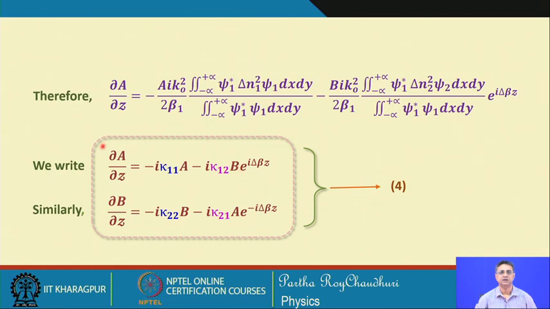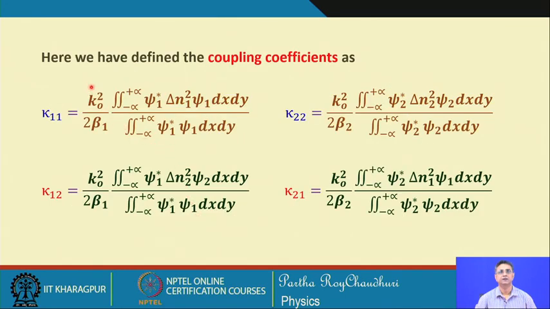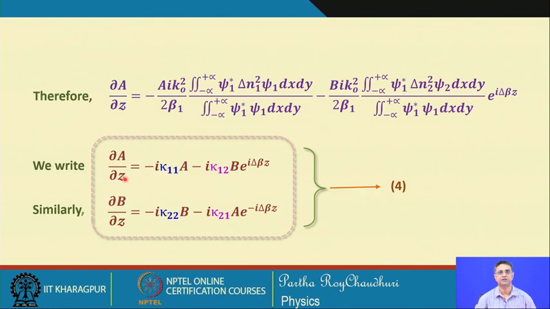These are the form of the coupled wave equations, and you can see that we have defined the coupling coefficients kappa 1 1, kappa 1 2, kappa 2 2, kappa 2 1.